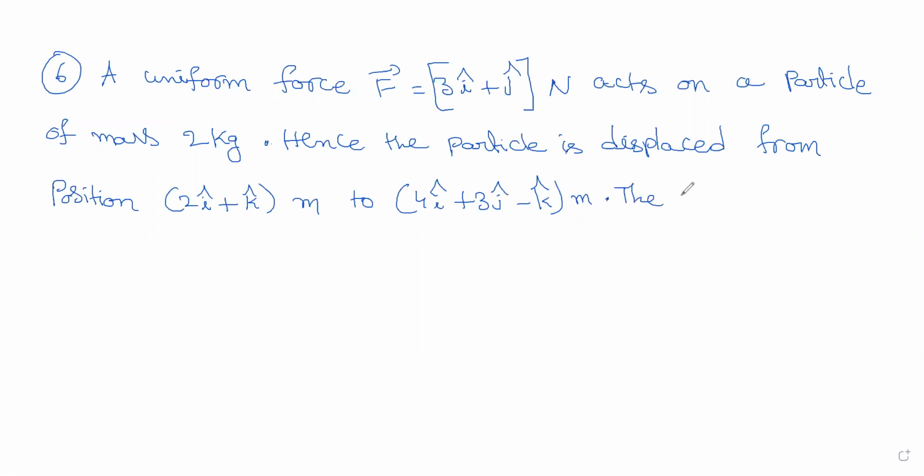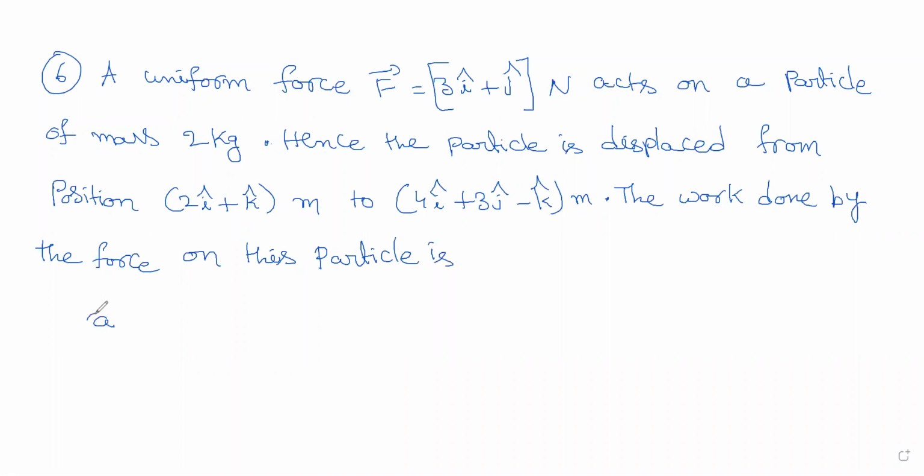Option A is 9 joules, option B is 6 joules, option C is 13 joules, and option D is 15 joules.